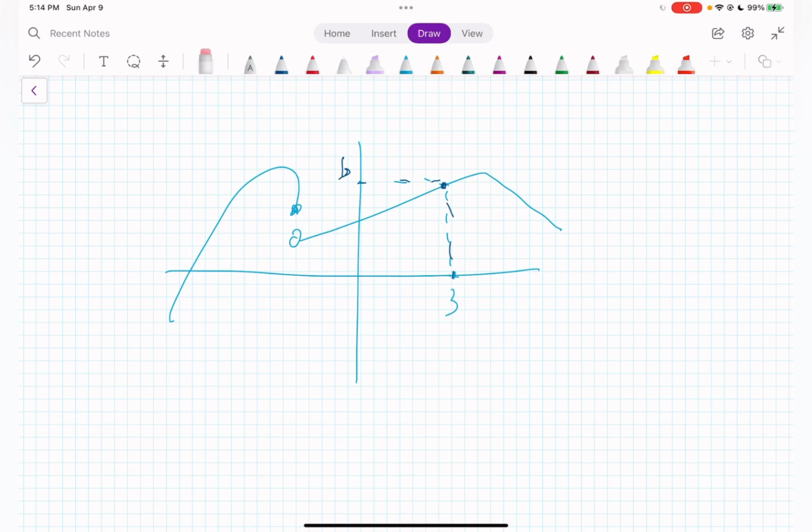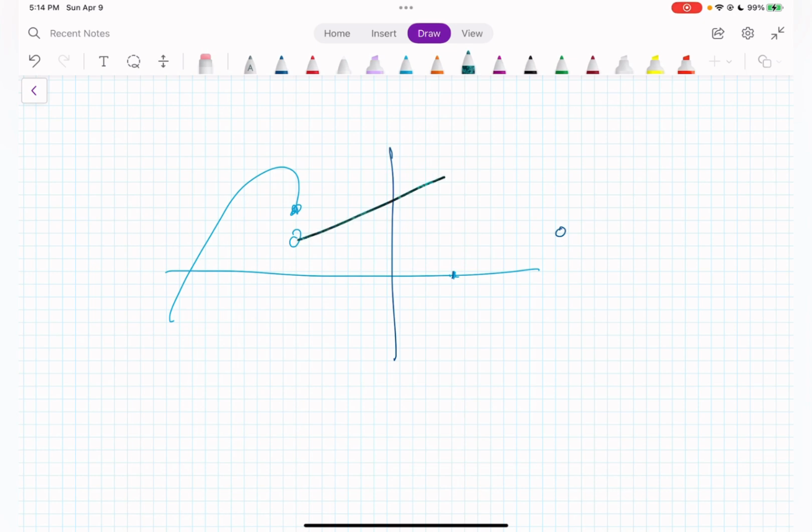It's something similar to what we had, with the difference that here we also have a circle, also a hole. So the graph is going to go from here to here and come here. And here we have what value? Negative 3. So let's see.